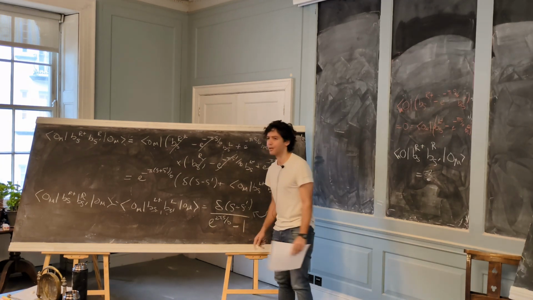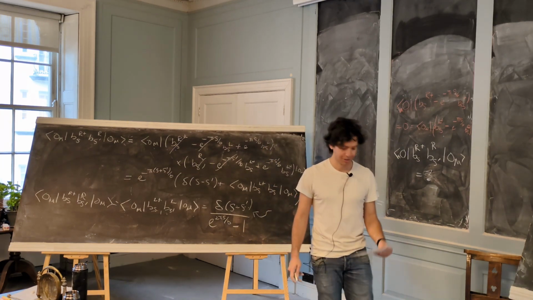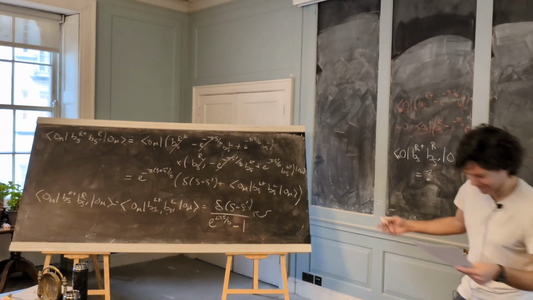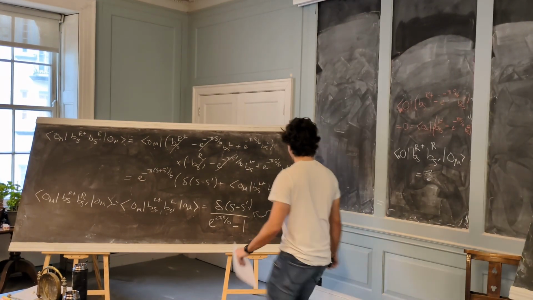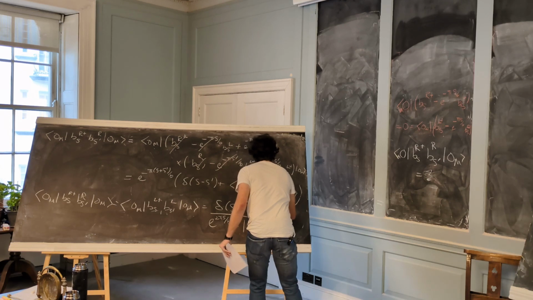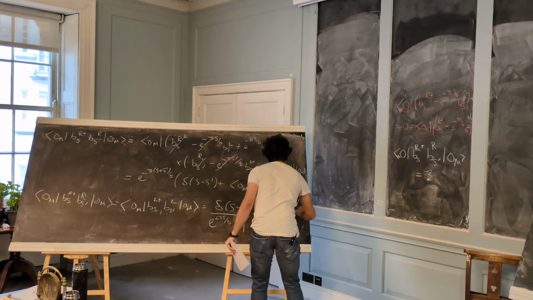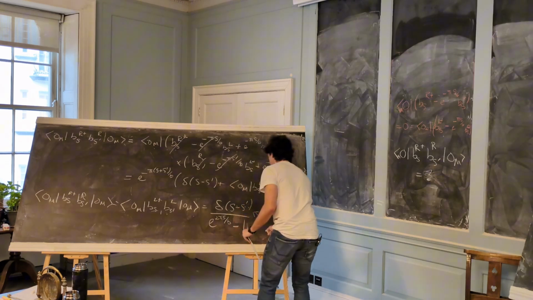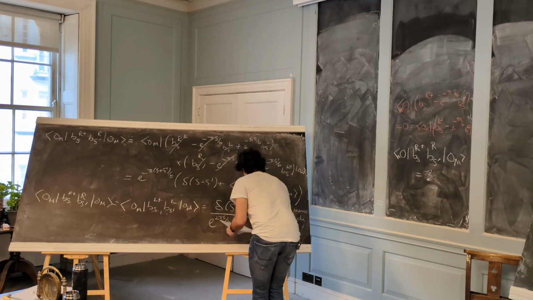Can anybody name this distribution? Exactly. It's a Boltzmann distribution. And the temperature is b over 2 pi.